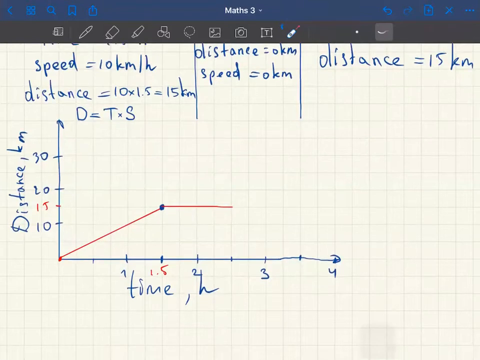So in 1 hour, she travels 15 kilometers. Here we have our 1 hour, and here we have our 15 kilometers. So it goes like this, and we end up here. Okay, that's it. This is the graph. This is the answer to this question.